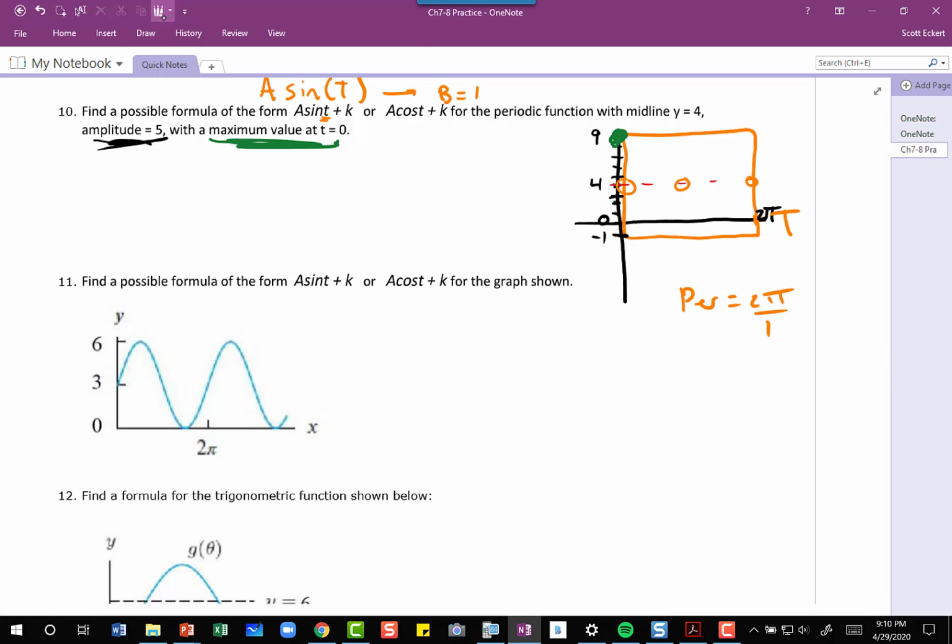So I'm going to have to use the cosine graph to satisfy all of these requirements here. So we figured out the amplitude, that is 5 times cosine of t, and the midline is plus 4, and that equation satisfies the conditions here.